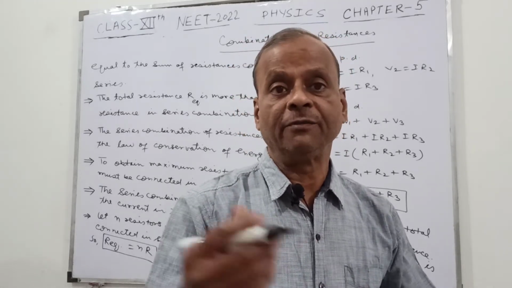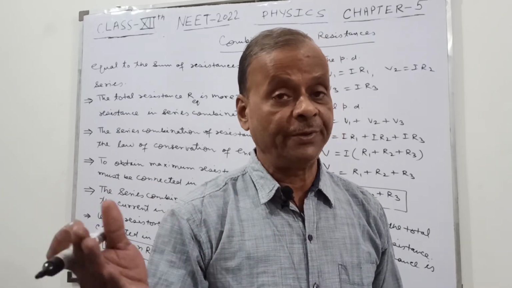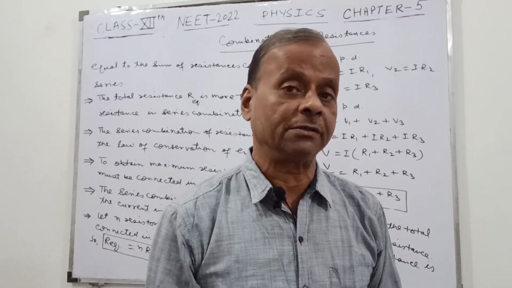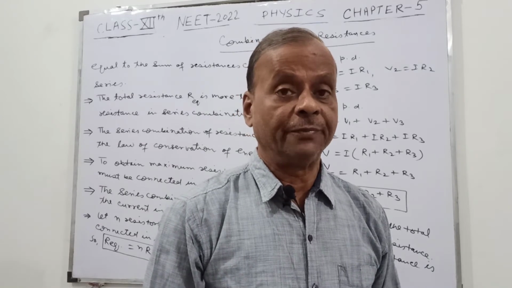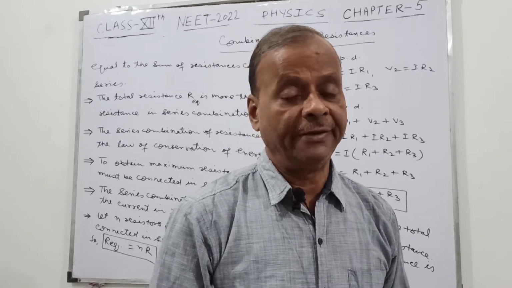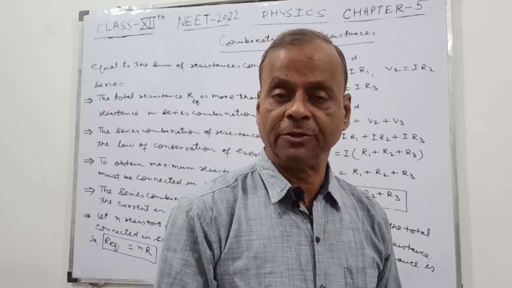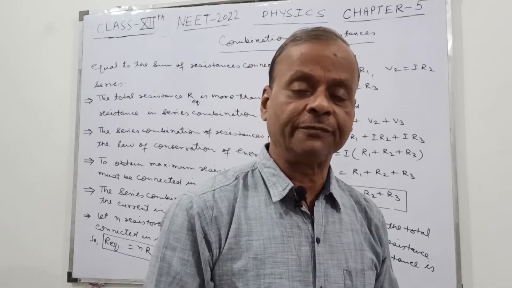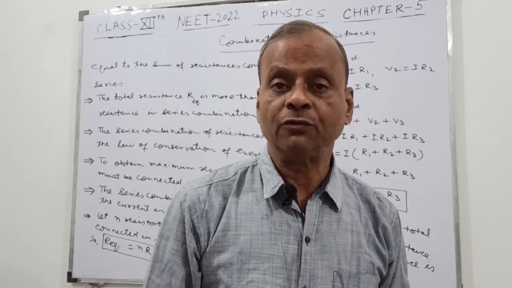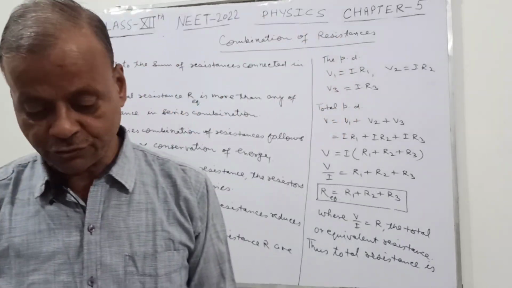So if suppose n bulbs are connected in series, the voltage will be divided. So this combination acts like a potential divider. So the bulb having more potential will glow more, and the one with low potential difference will glow very less, or it will be the dim one. So now we have the disadvantage of this series combination also.